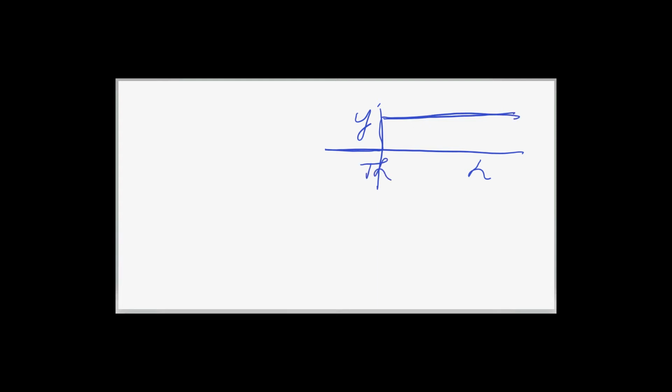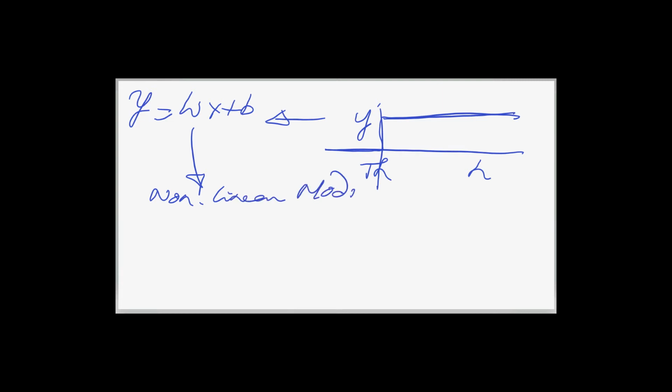Now this, when combined with our earlier simple linear equation of y equal to wx plus b, produces a more powerful nonlinear model which generates an output y equal to wx plus b only for some specific threshold greater than or equal to 0 and 0 otherwise.